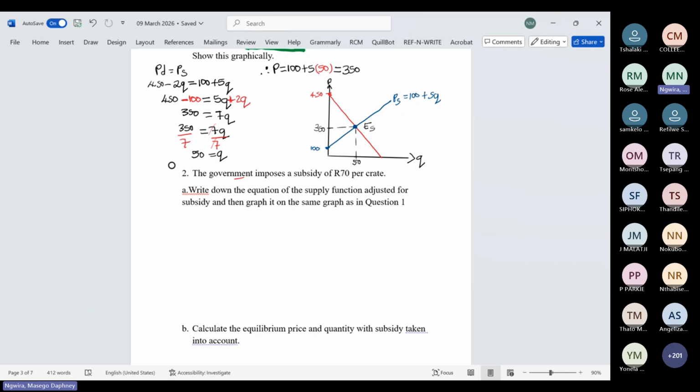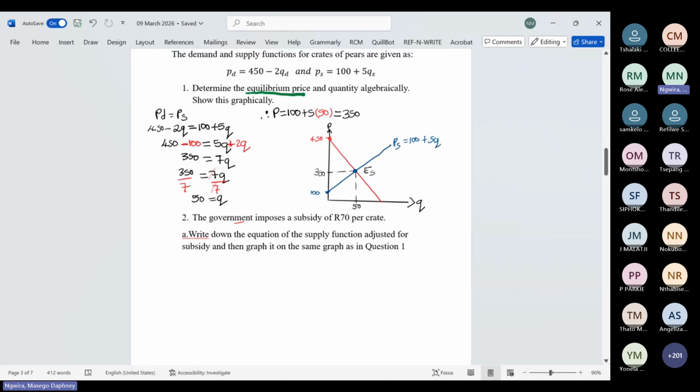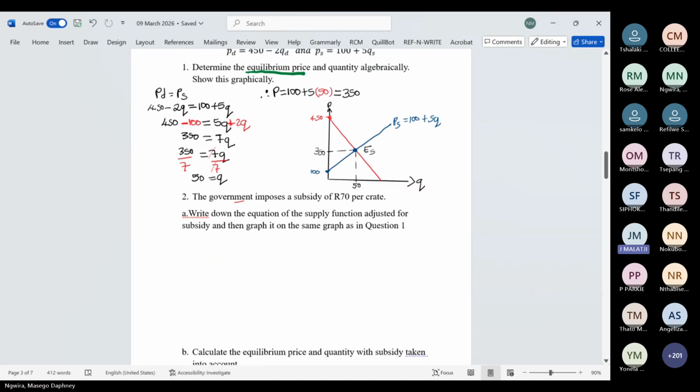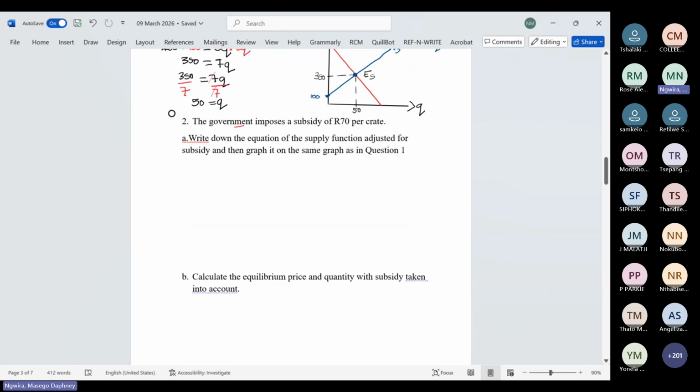So I'm just going to calculate. For subsidy, let me just check my notes. Subsidy, we said it's going to be P plus S. So P plus S is equal to C plus DQ.